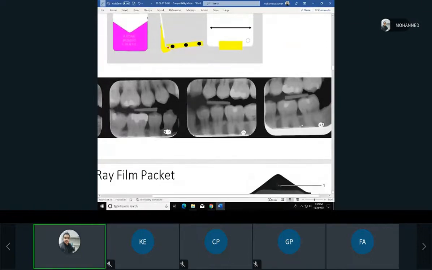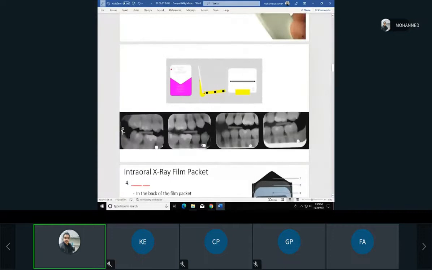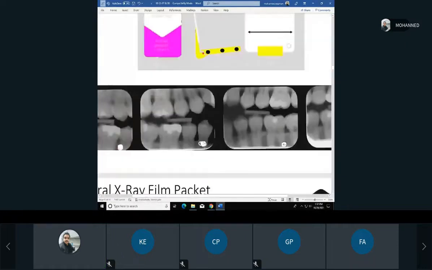Once we took the pictures out and want to organize them, I just placed the dot with the raised portion towards me on the bottom side like that. This tells me right away which is the right and which is the left, because I kept it in the same place throughout my x-ray. On the right side here, it will be close to what?